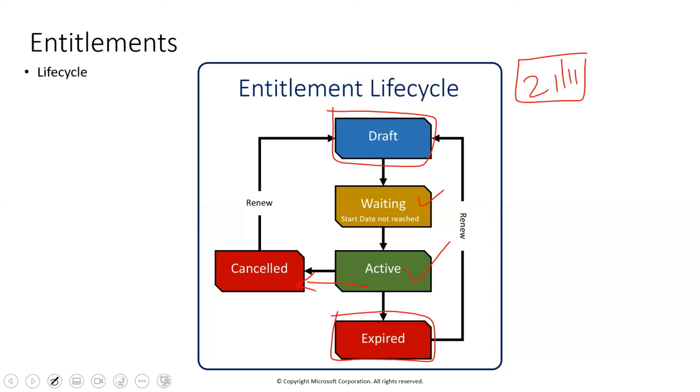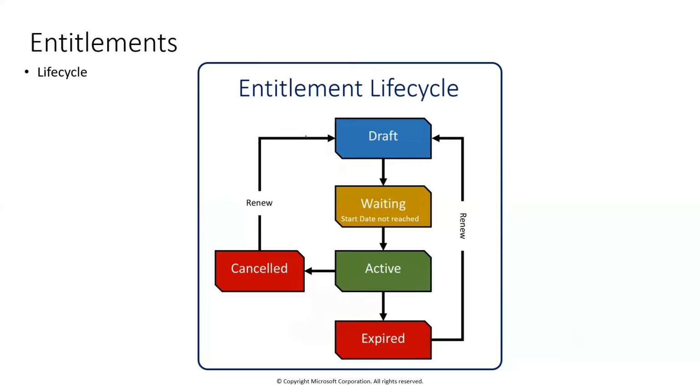And whether the entitlement is cancelled or expired, in both scenarios we can renew the entitlement with the same conditions for a different customer. So that is how my entitlement life cycle is going to work in our real-time scenario.